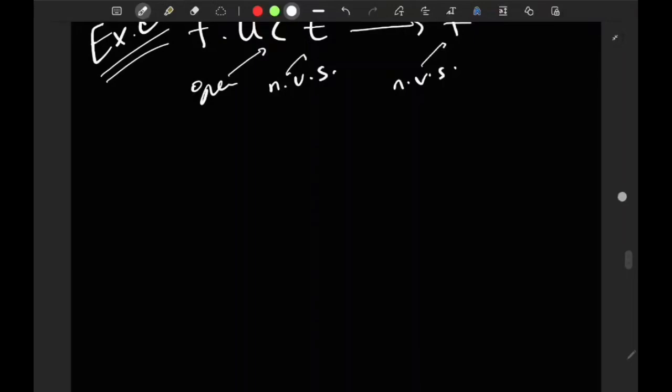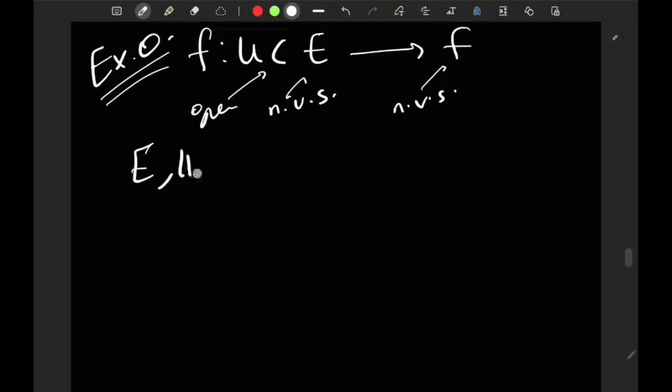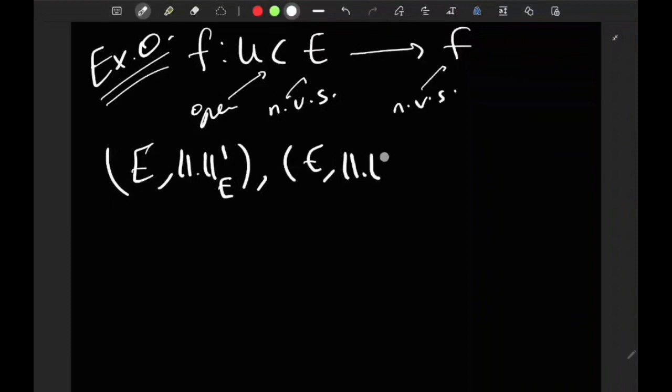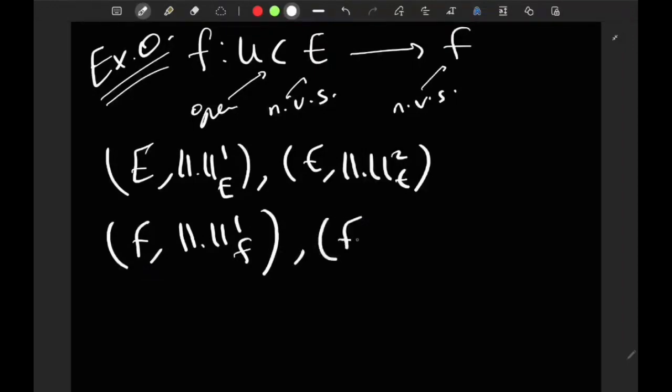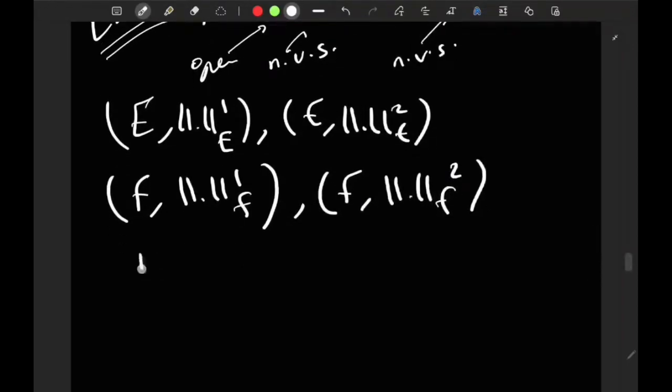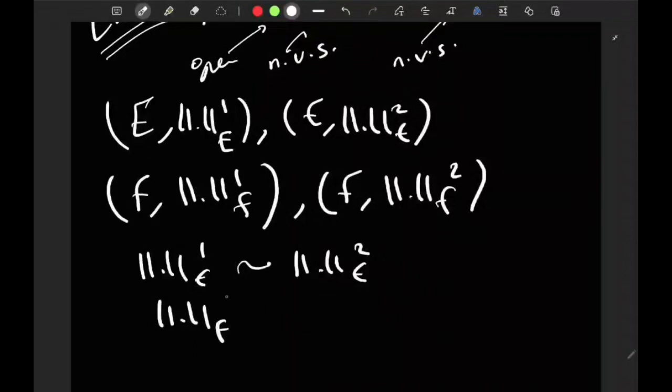So let's say E is equipped with some norm E1, and also with some other norm E2, and F is equipped with some norm F1 and some other norm F2. Suppose that norm E1 is equivalent to norm E2, and norm F1 is equivalent to norm F2.